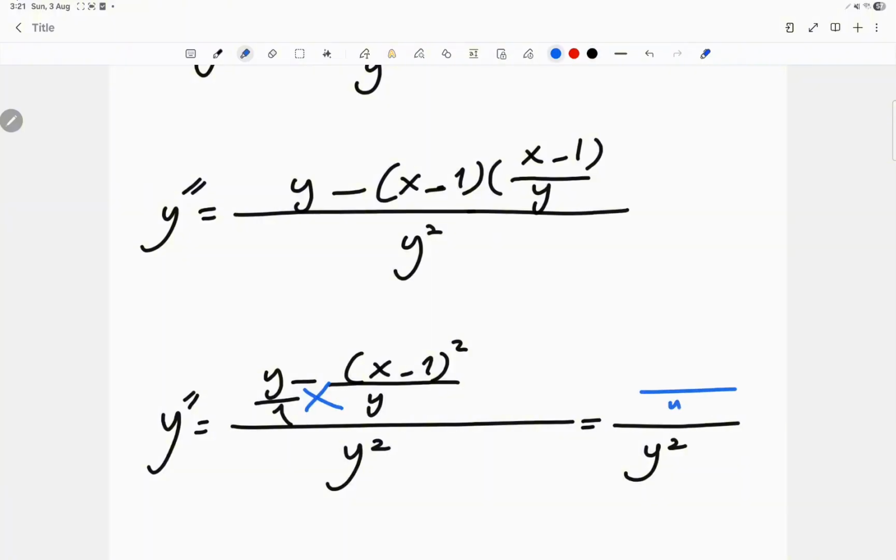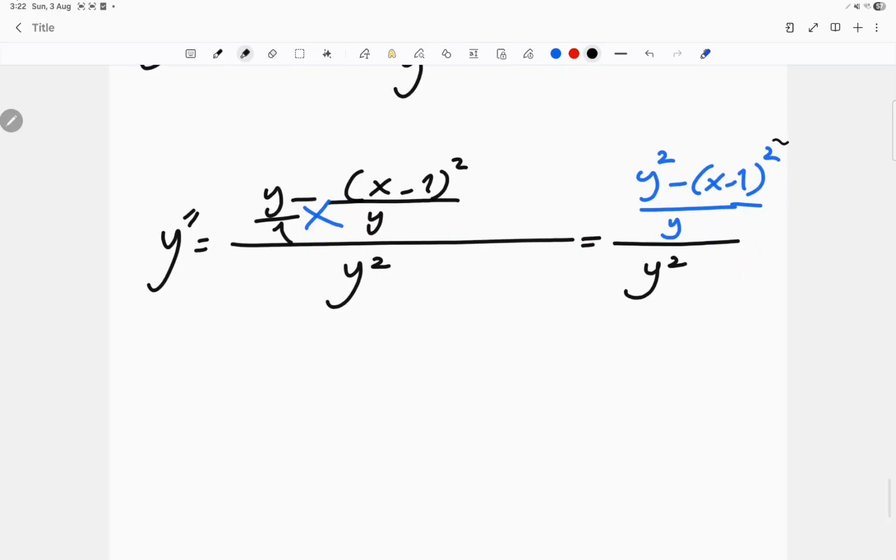Cross y squared minus. And now you will do the rule: a over b over c is like saying a over b times c. So I don't understand the cross multiplication. You don't understand that? Okay, so let's say I had 1 over 2 minus 5 over 6. I cross multiply.